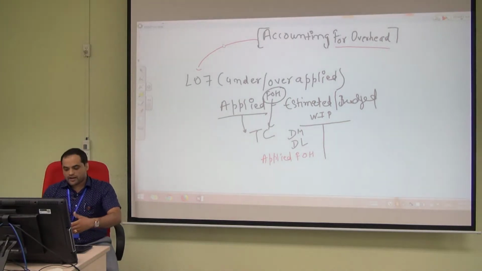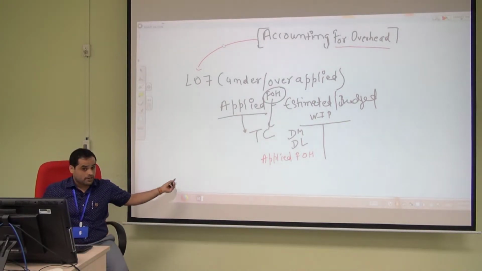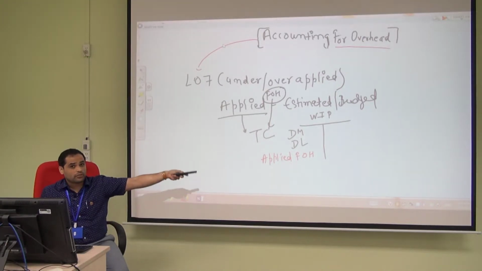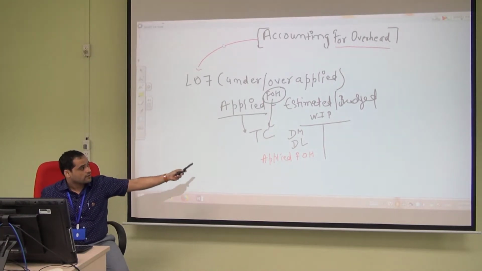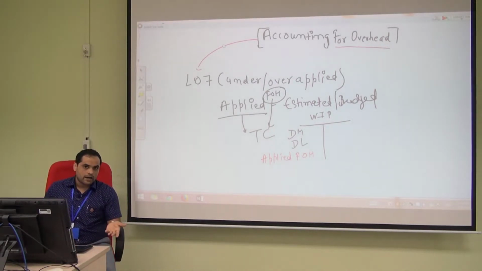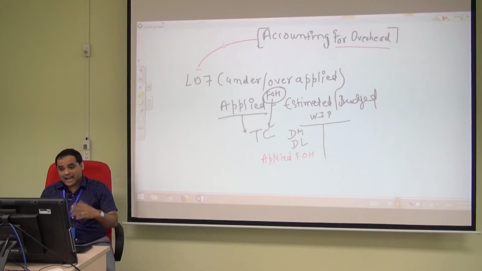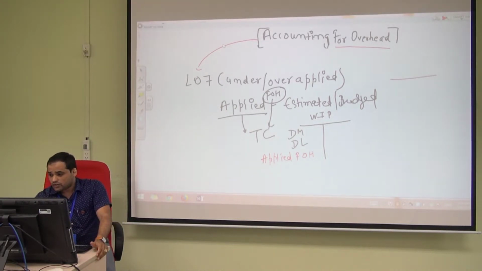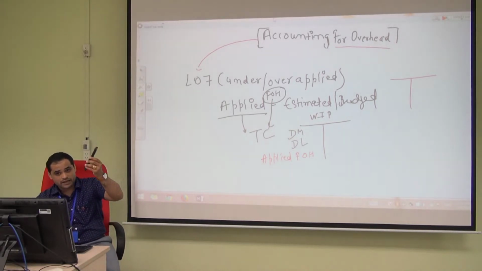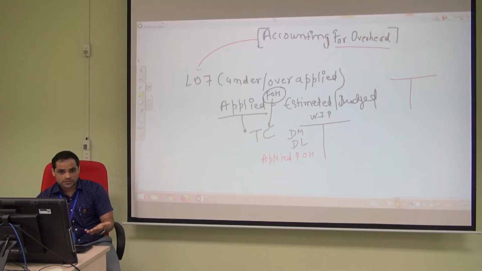Whatever overhead we estimated, like in my previous example, I calculated $530. So $530 is an applied factory overhead. This number is the applied number. And of course, at the end of the year, when I calculate my actual numbers, because this number is a plan, an estimate, I get the actual factory overhead cost.